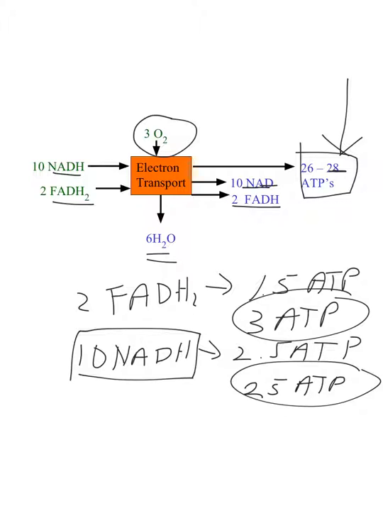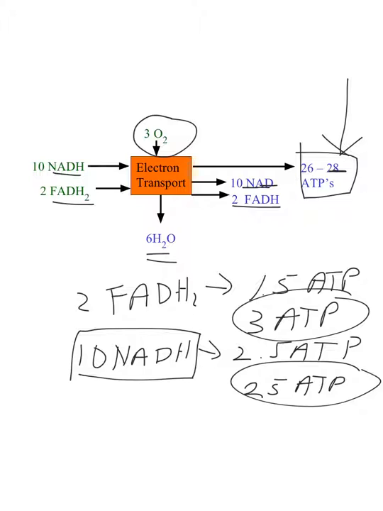But some cells have to go ahead and expend some energy using active transport mechanisms to get these NADHs across. In that case, it will take an average of 1 ATP worth of energy per NADH.